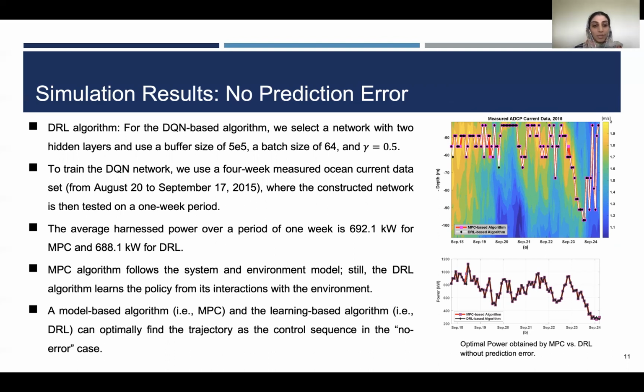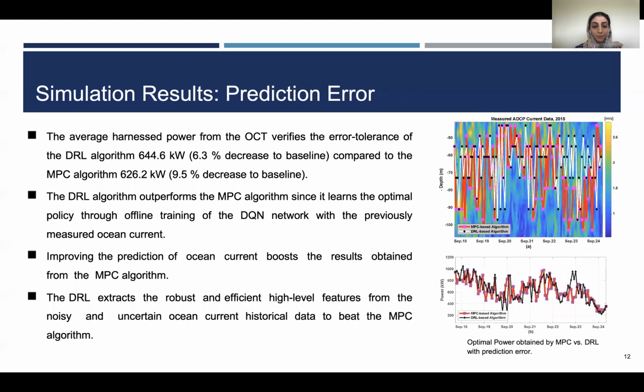It shows that both algorithms are suitable for finding the optimal depths in case of no prediction error. Meanwhile, the MPC algorithm follows the system and environment model, but the deep reinforcement algorithm learns the optimal policy from its interactions with the environment.